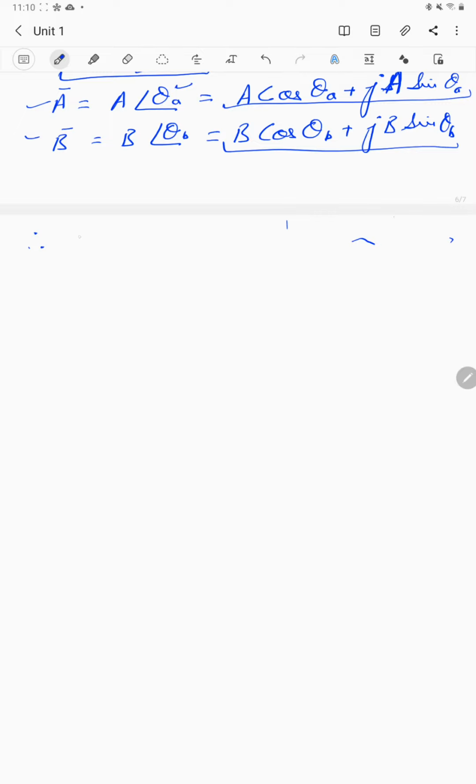Therefore, A plus or minus B. Okay, these are the two phasors we are doing on the same page.